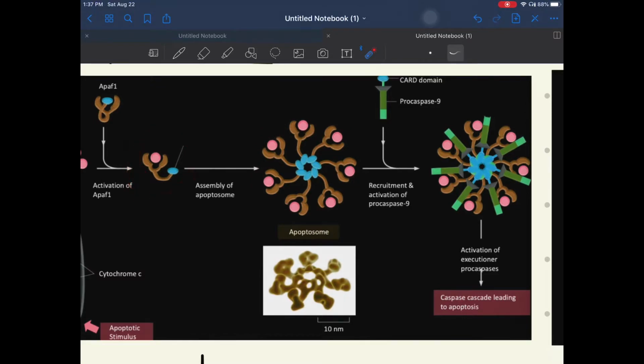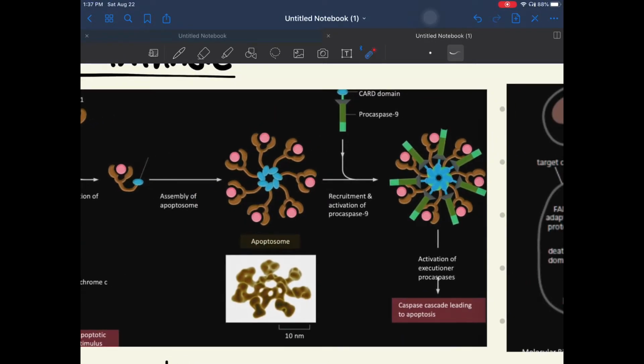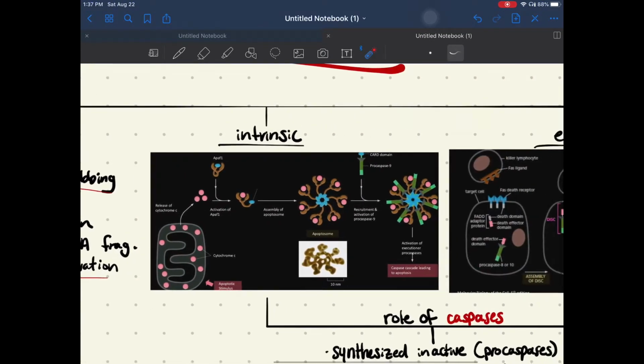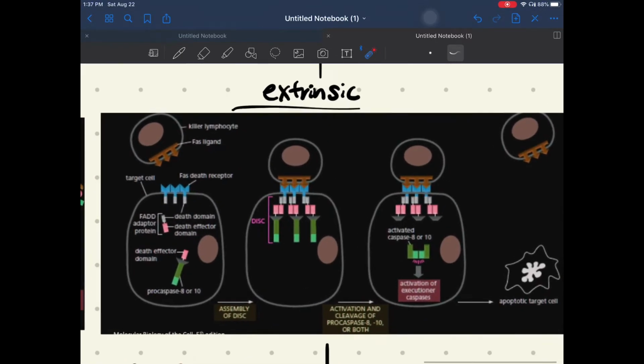As you can see, it's a bunch of APAF1 factors with cytochrome C, arranged in this circular fashion. And that's going to recruit and activate your procaspase 9. Procaspase is just another type of those cascades, and that's going to lead to your caspase cascade, and that's going to lead to all of these factors going on in here, and then eventually you're going to undergo apoptosis.